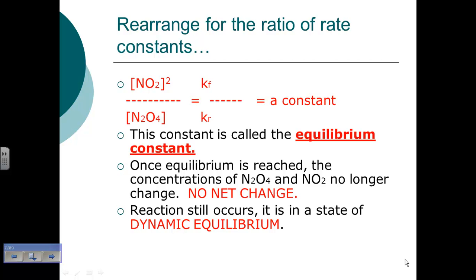The concentration of our NO2, which is our product, raised to the second power, set over the concentration of N2O4 to the first power, is equal to this ratio of the forward rate constant over the reverse rate constant. This is the very definition of an equilibrium constant. We're going to just simplify to K, Kf over Kr.